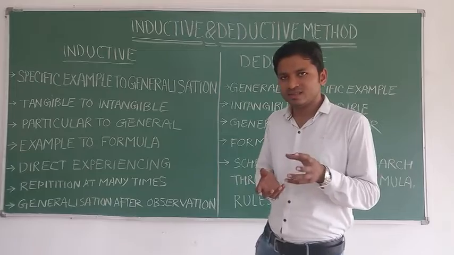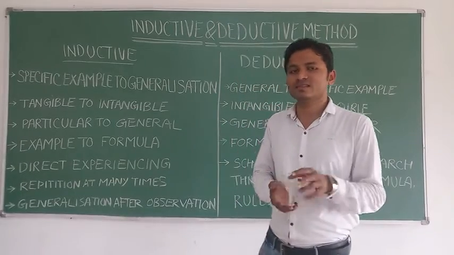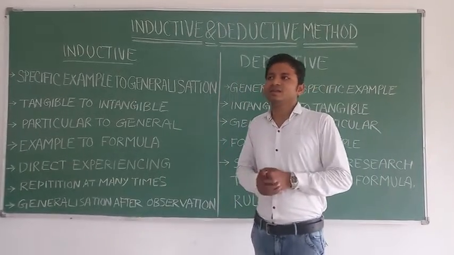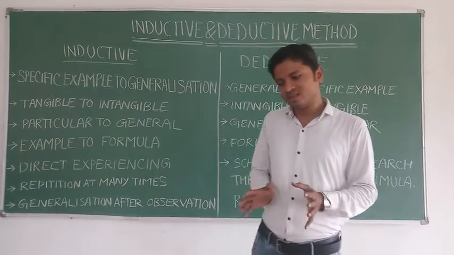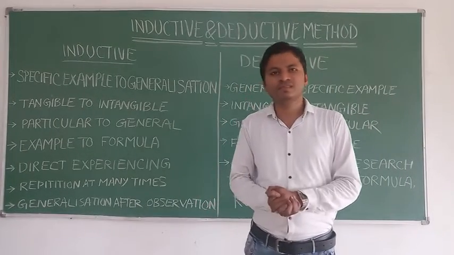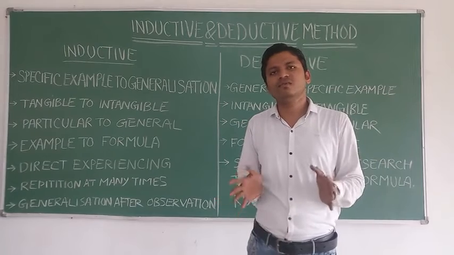The example we are discussing now is that a foreigner is studying 20 to 25 persons and all the persons are vegan.